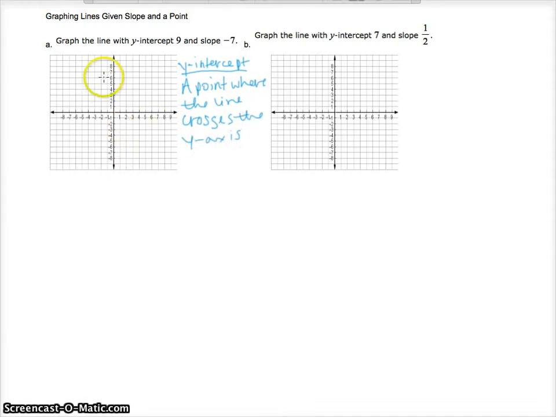So any of these points on the y-axis could be a y-intercept. Our specific y-intercept is 9. So let's look at the slope and the y-intercept.